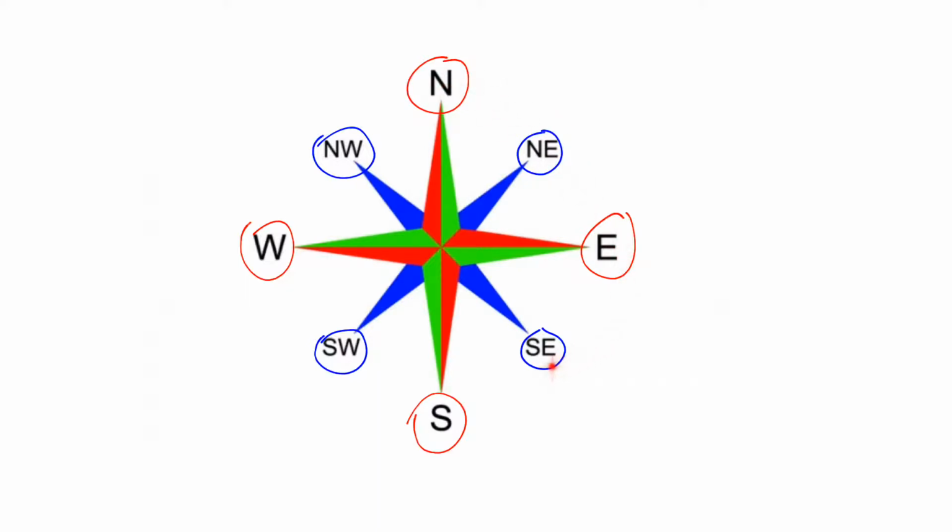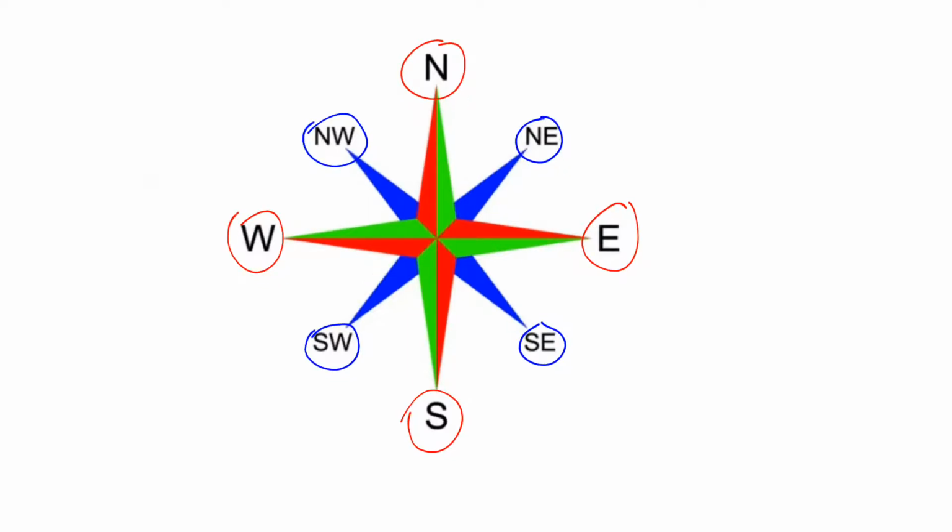And then we go to southeast and south. So it's not east-south or west-south or west-north. You're always, when you're looking at an 8-point compass, the first letter tells you it's either north or south, and then the second letter tells you which side of the north-south line you're on. Okay?